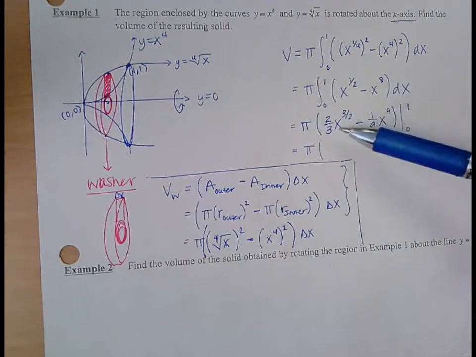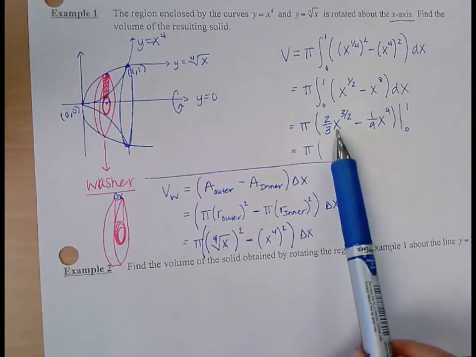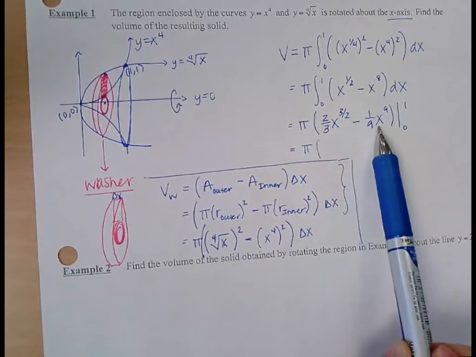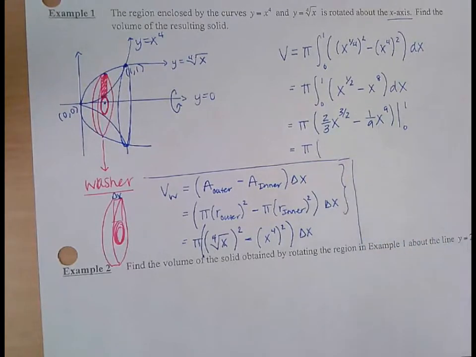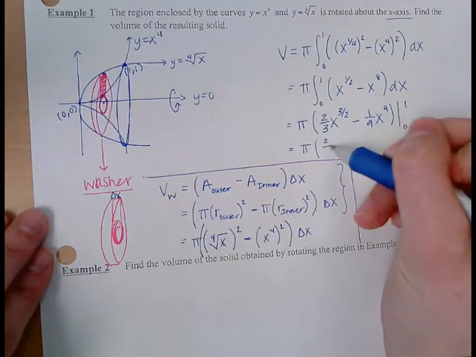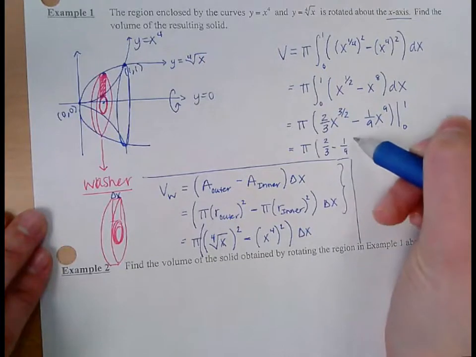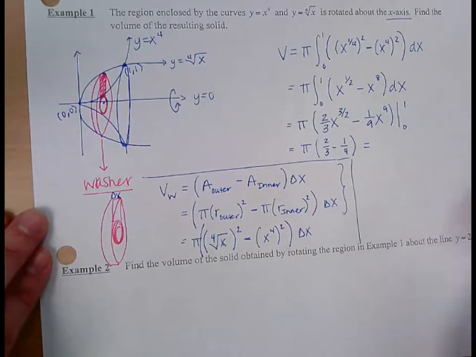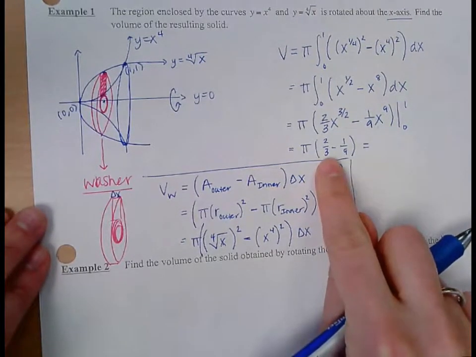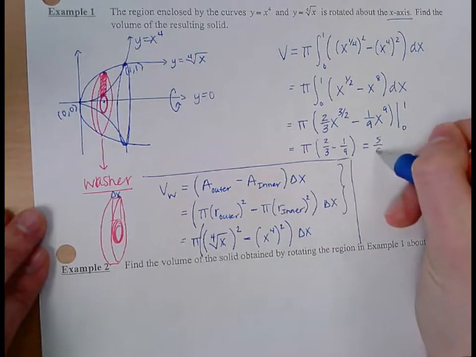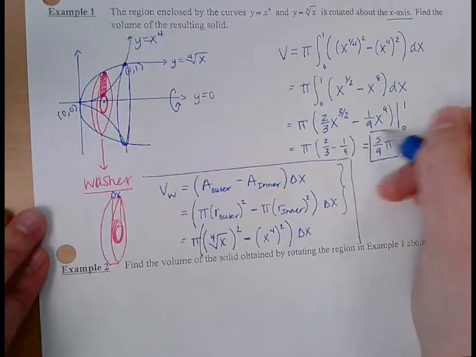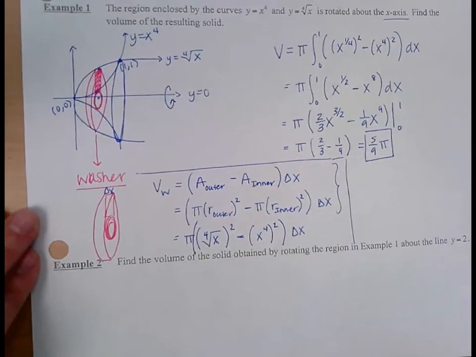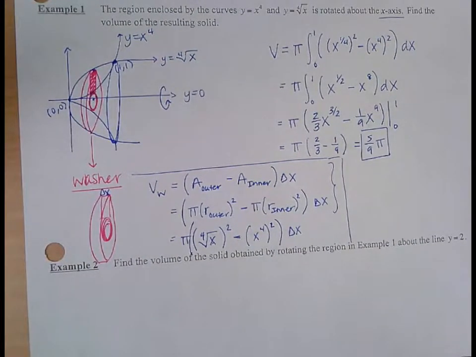If I substitute in 1, I'll just have 2/3 minus 1/9. If I substitute in 0, it's just 0. So it's really just pi times 2/3 minus 1/9, which, 2/3 is really 6/9, so it'd be 5/9 times pi, the volume of that solid. That would be the exact value.